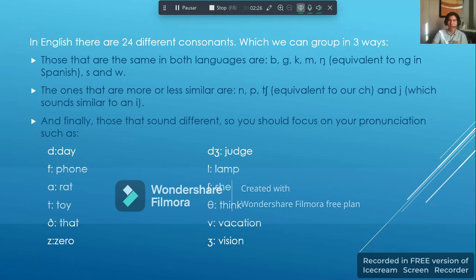Now we have the curious data of English. There are only 24 different consonants, and with these consonants we can group them in three ways.